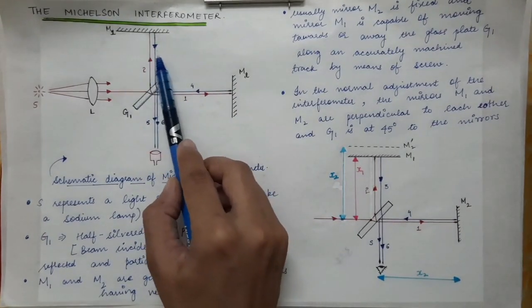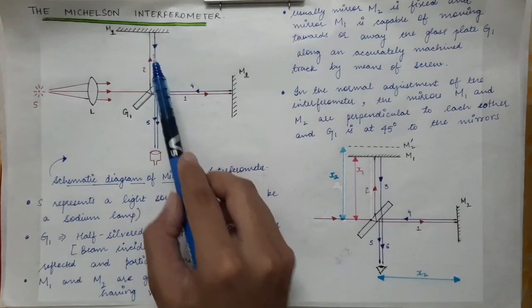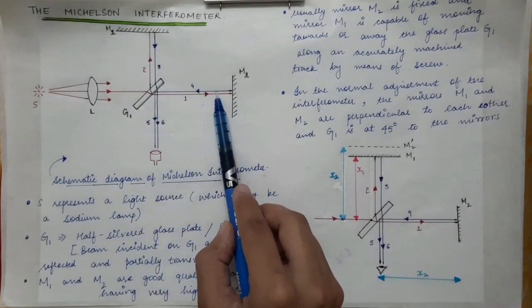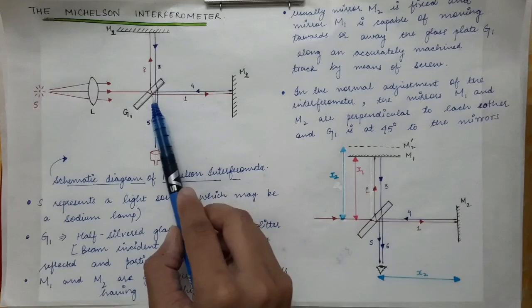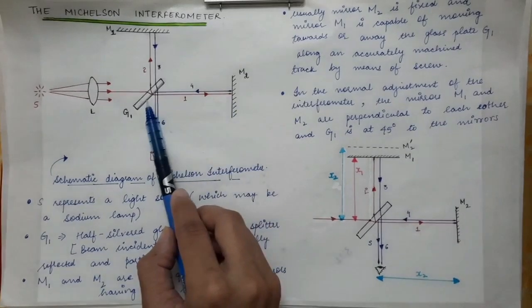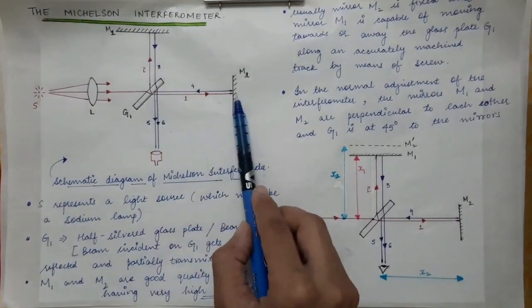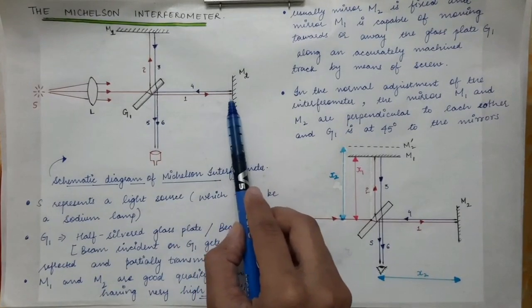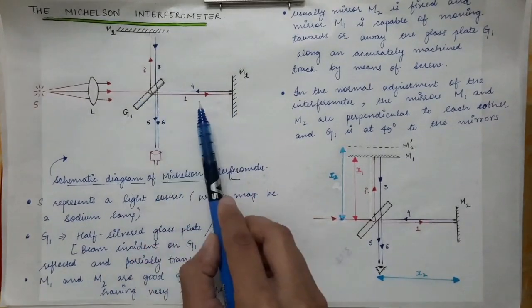Here some difference is shown between the two rays, and also some difference is shown over here. But in actual, the rays will retrace their path. Actually, there will be a single ray 1, and the reflected ray will superimpose on this first ray.